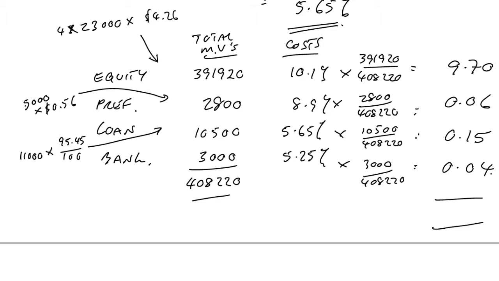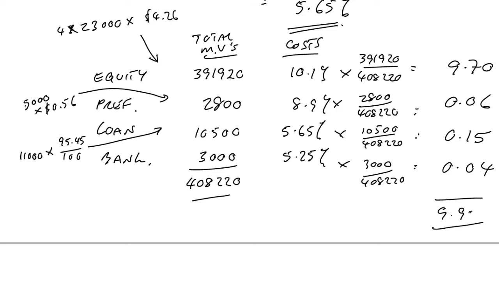I hope my arithmetic's right, but I'm not going to waste time checking, in fact, because, as I say in every question, my workings are set out in a way that it's clear what I'm doing. If I have made an arithmetic mistake there, then I'm terribly sorry, but that is just behalf of mark. It's obvious that I'm doing it the right way, and any error is just kind of silly arithmetic. But what's the total? 9.7, 0.06, 0.15, 0.04.